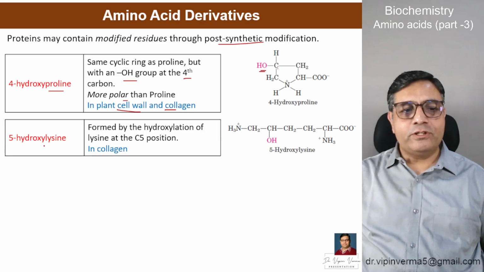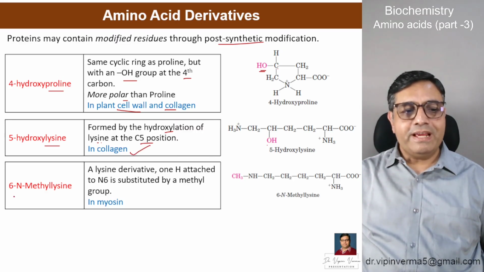Then we have 5-hydroxylysine, which is again a derivative of lysine formed by the hydroxylation of lysine at the C5 position. You can see here, this is the hydroxylation, and it is mainly found in collagen. All right. Then we have the 6-N-methyllysine.